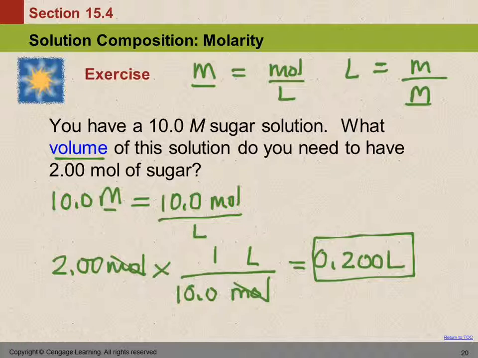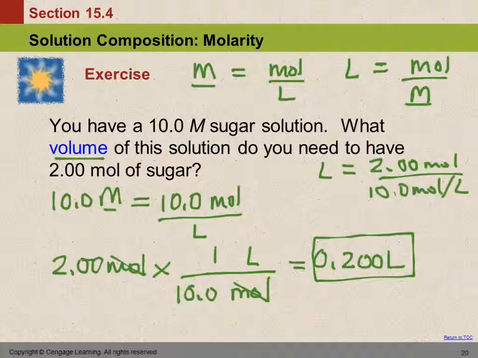And so I'll just continue it right here. So the liters would equal moles over molarity. So I would take the moles, which is 2.00 moles, and I would divide by 10 moles per liter. The moles would cancel out, and I would get exactly the same answer.